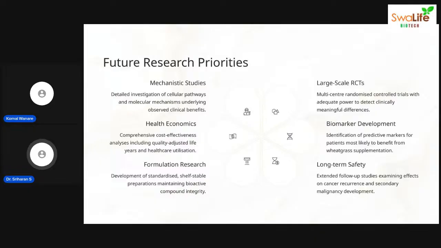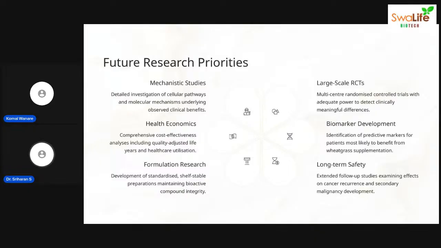Future research priorities. Likewise, we want to do more mechanistic studies on the mechanism of action: the cellular pathways, protein binding, and how it affects lipoprotein levels. We also want large-scale RCTs and biomarker development, using proteomic and genetic profiles. Then long-term safety and formulation research.